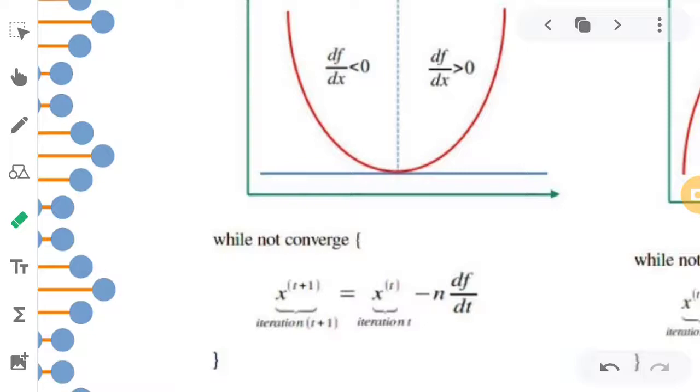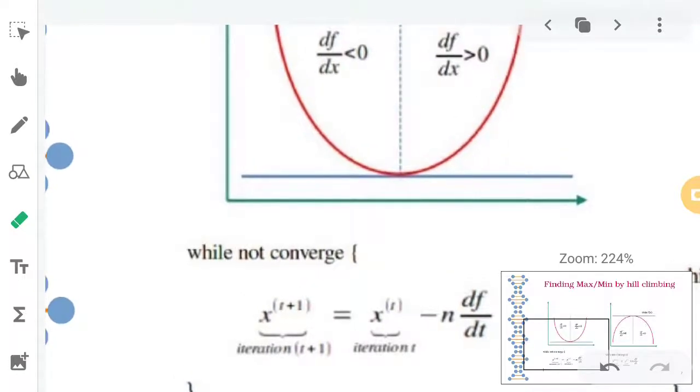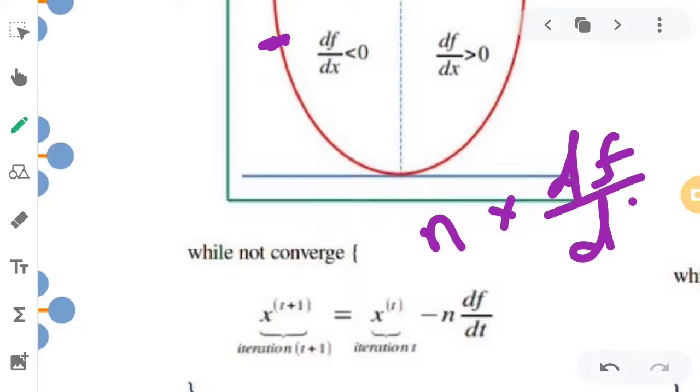So what we do: x(t+1) equal to x(t) minus n into df/dt, where x(t) means at time t.